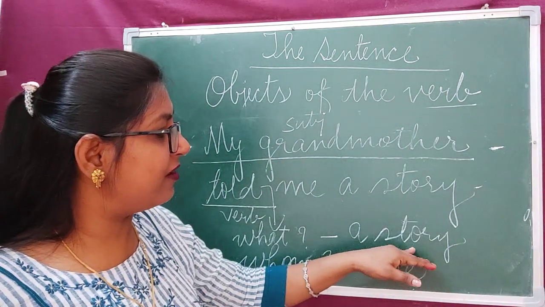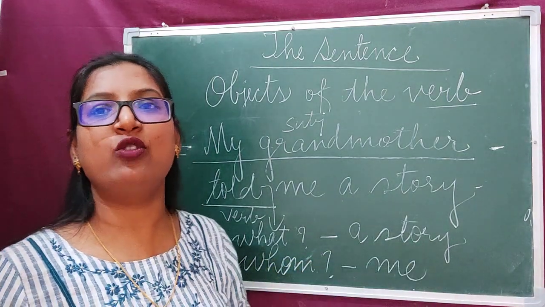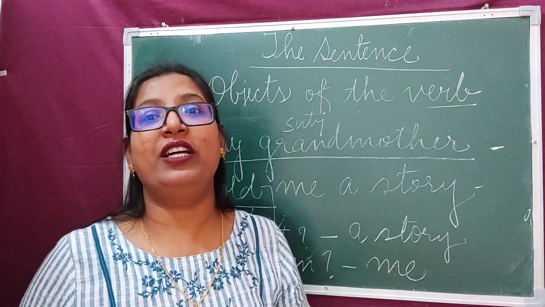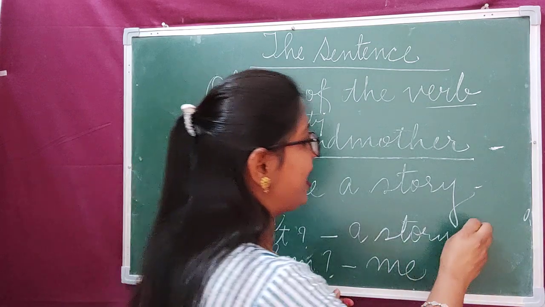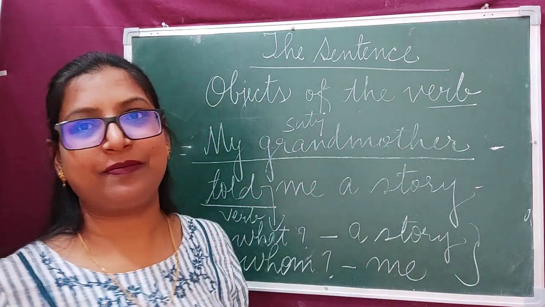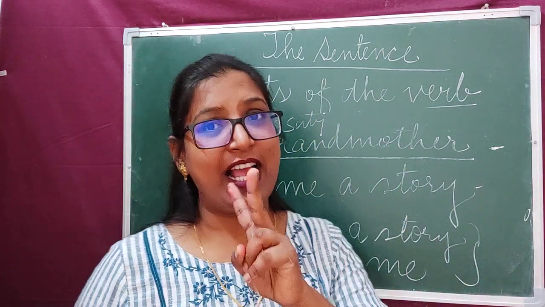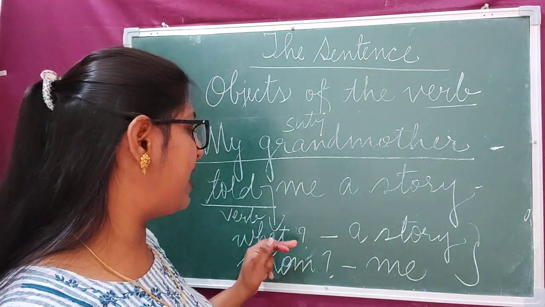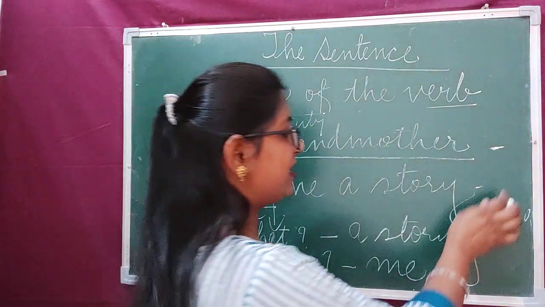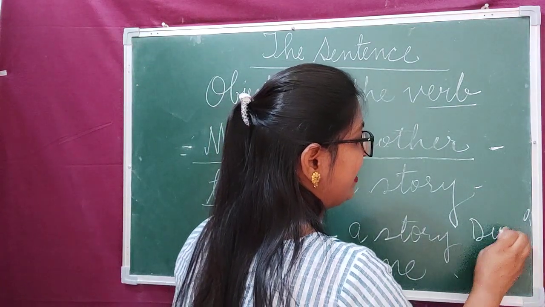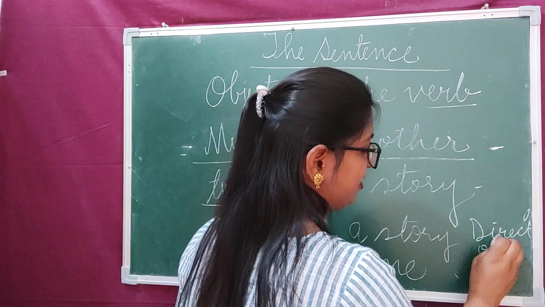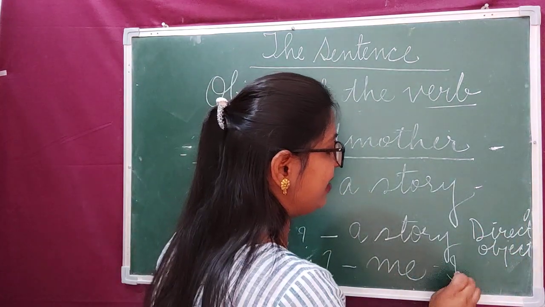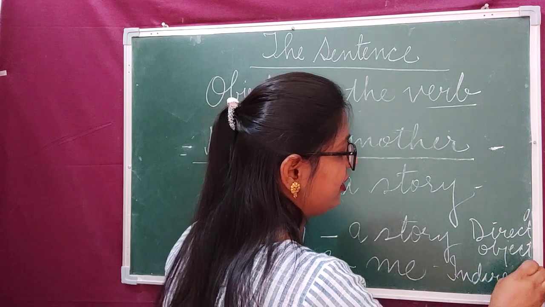So we can see here our answer of what and whom are different from the subject. So we can call them objects. But here we are having two objects. So dear children, usually the answer of what is the direct object and answer of whom is the indirect object.